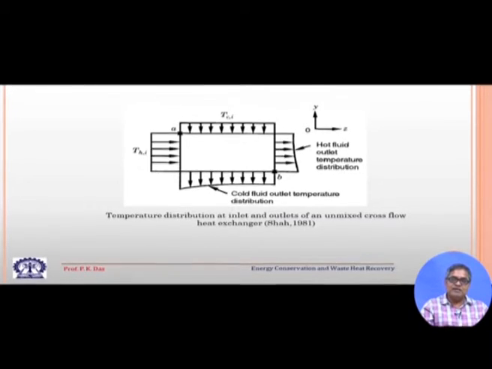Now, the analysis is done assuming that we have either a parallel flow heat exchanger or a counter current flow heat exchanger. So, basic analysis can be done from there, and we will start from there and see how this analysis is done.